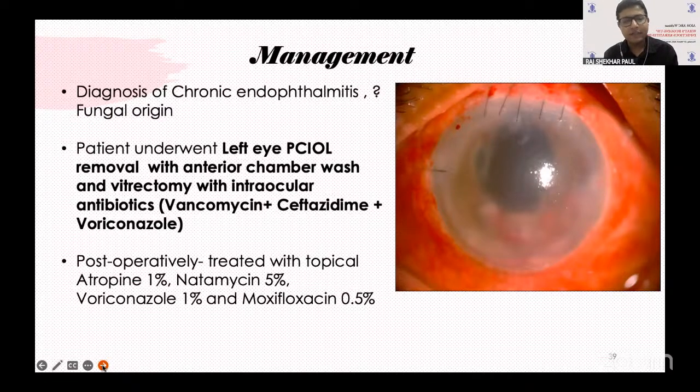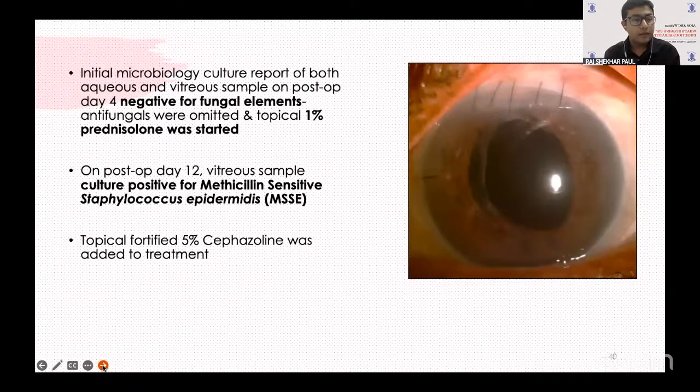So we did a left eye IOL removal with anterior chamber wash and vitrectomy with intraocular antibiotics. Post-operatively, we treated with topical natamycin, voriconazole, and moxifloxacin. By the end of 1 week, no organisms had grown, but on the 12th day, we found that it was positive for MSSE, methicillin-sensitive Staphylococcus epidermidis.